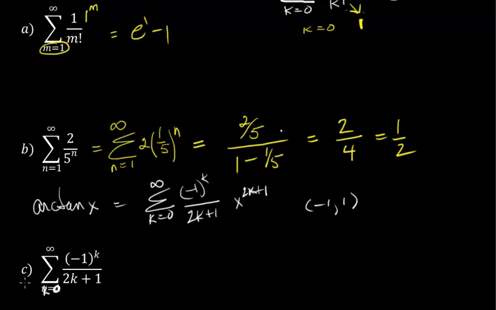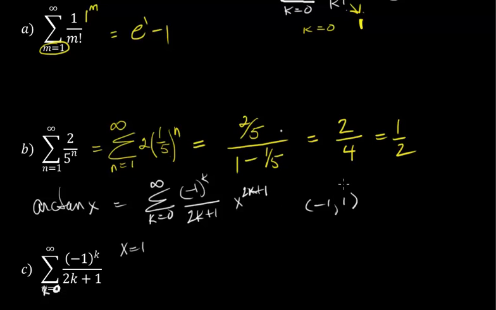And this is a bit of a problem. I don't think anyone in the class noticed it, but what would x be here? x would have to be 1. And then if x were equal to 1, we would have minus 1 to the k, 1 to the 2k plus 1 over 2k plus 1.